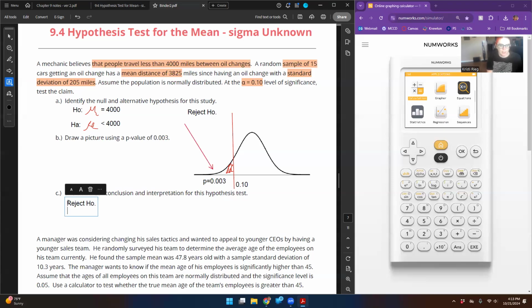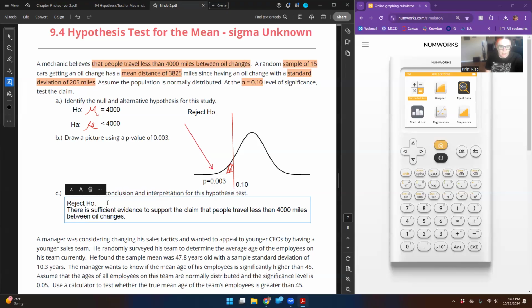And then we are going to say, because we're rejecting the null, there is sufficient evidence to support the claim that, and then we go back up to the top, people travel less than 4,000 miles between oil changes.